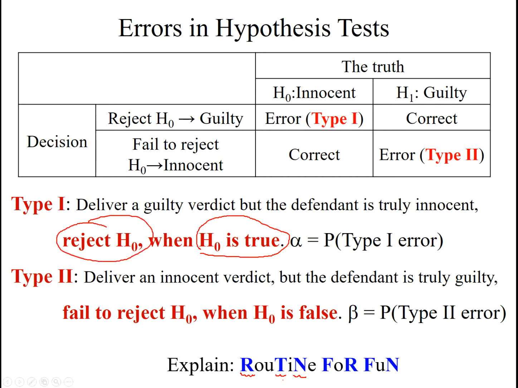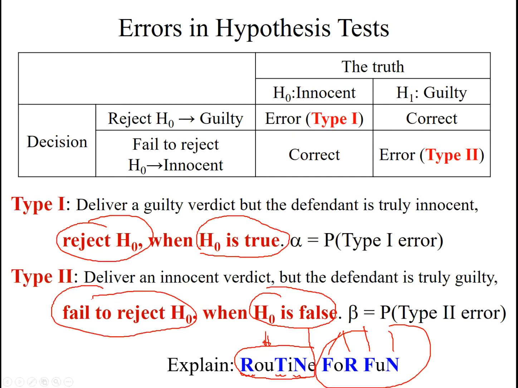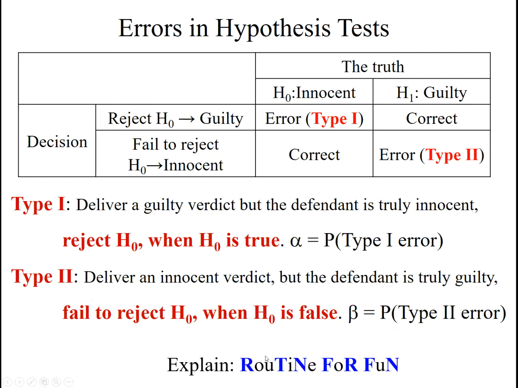Your conclusion is rejecting it. So "routine for fun": routine is rejecting true null. Okay, this is type 1. "For fun" is fail to reject false null. The null hypothesis is false, but you fail to reject it. So this is the type 2 error.